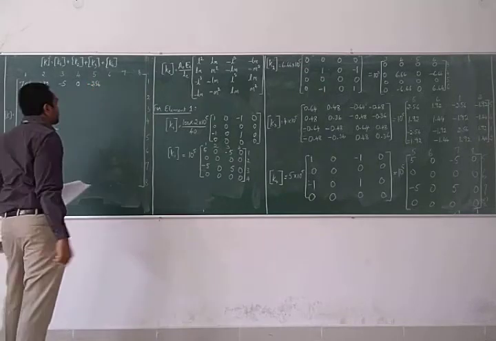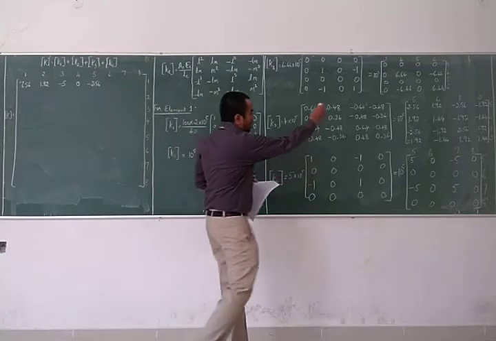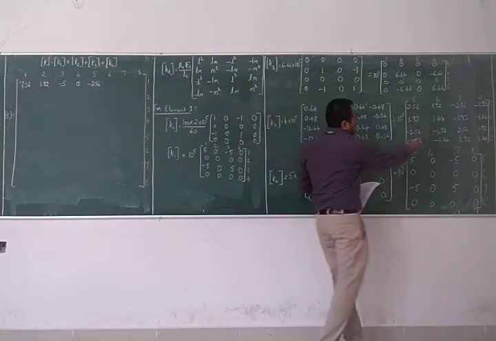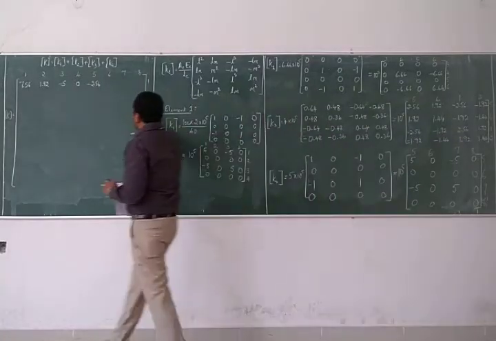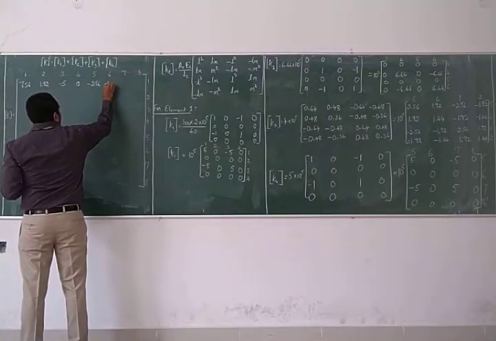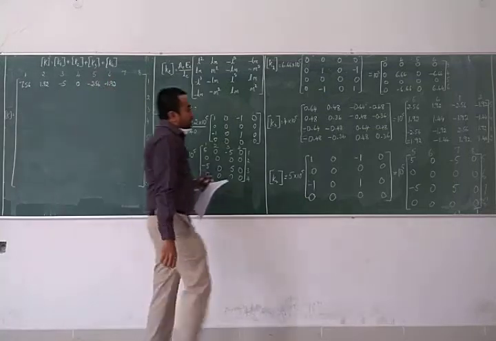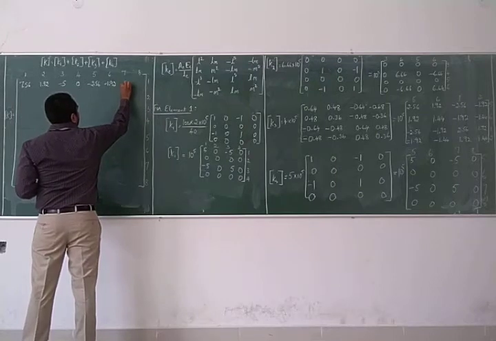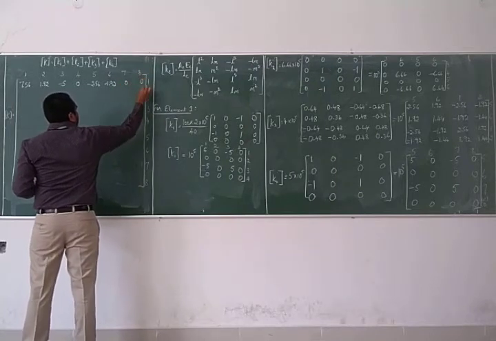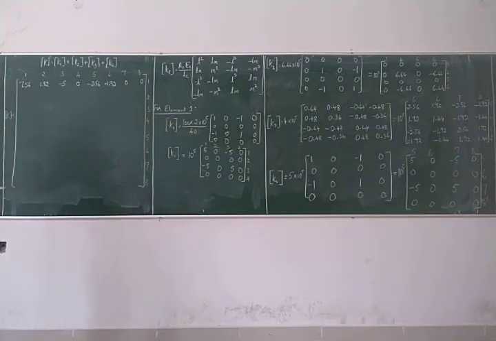Column 6 row 1 is minus 1.92. Column 7, row 1, there is no element, so it will be 0. Column 8, row 1 is again 0. Now row 1 elements are obtained.